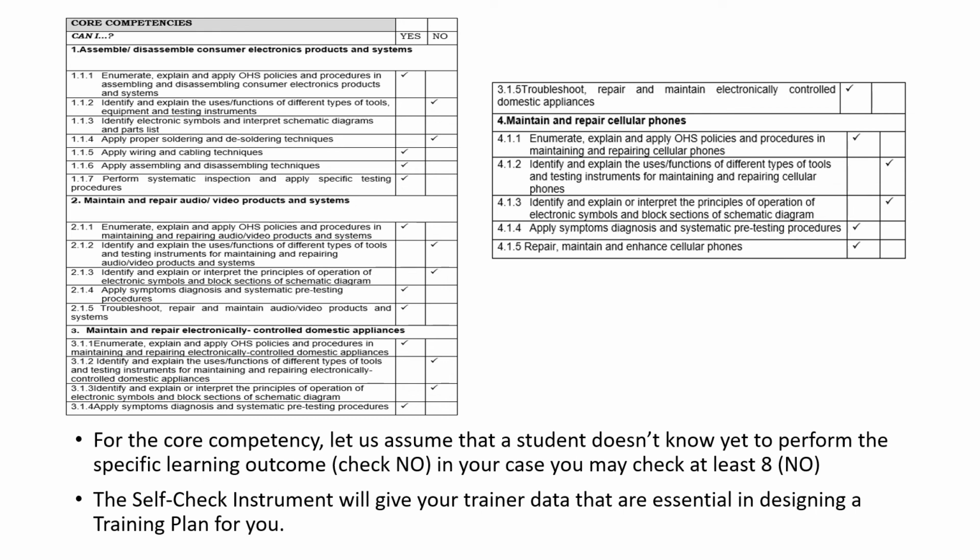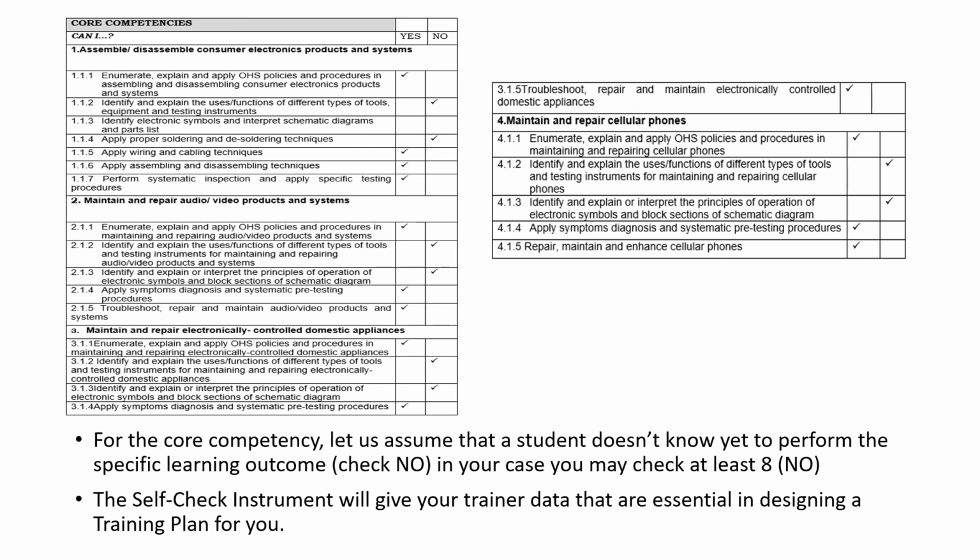Okay? So the self-check instrument will give your trainer data that are essential in designing a training plan for you. So I repeat, once you have already prepared the TNA Form 1, and you already specified there the basic, common, and core competencies, just check all yes for the basic and common, and for the core competency, please choose 8 competencies that you will check no and the rest with yes.